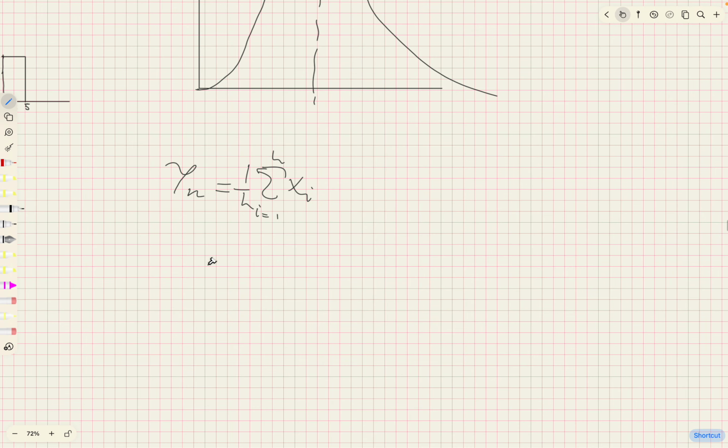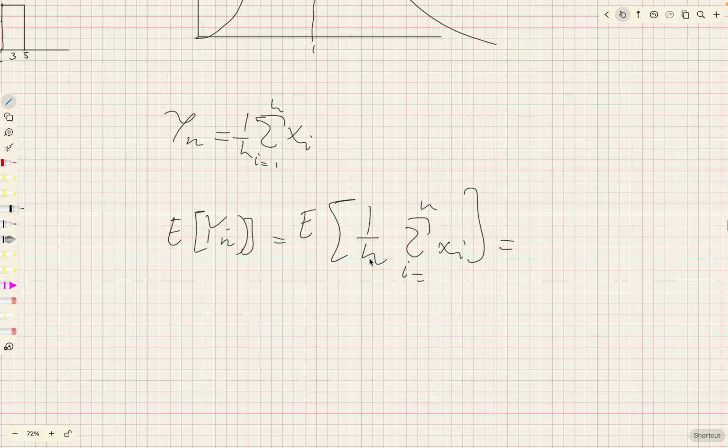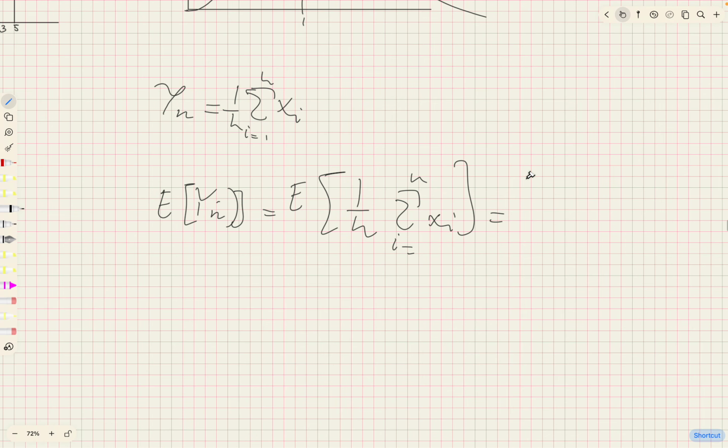Let's calculate the expected value of this random variable. We take the expected value of the sum of Xi, and we can write it as 1 over n, because 1 over n is a constant, so we can take it out.